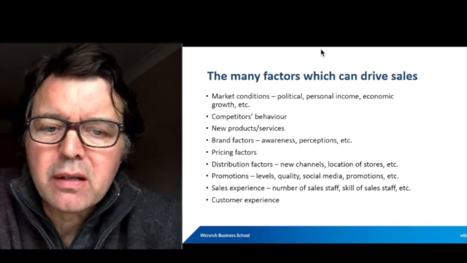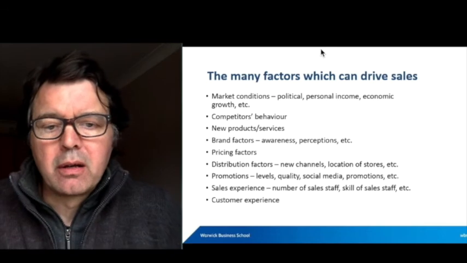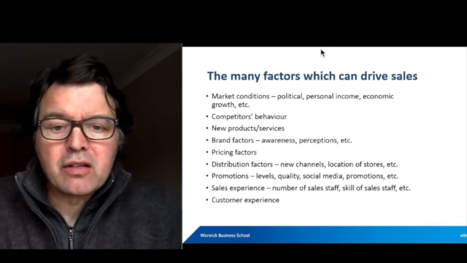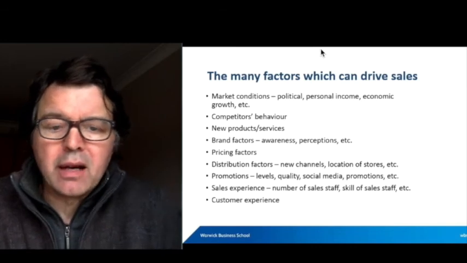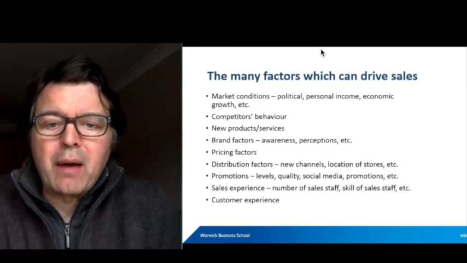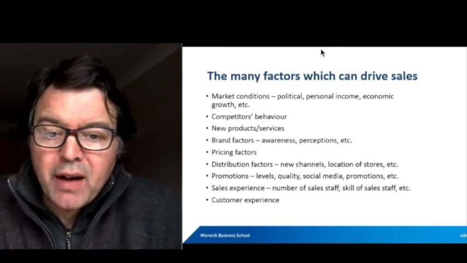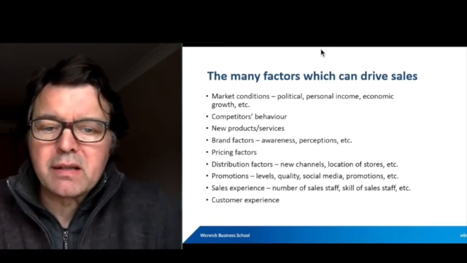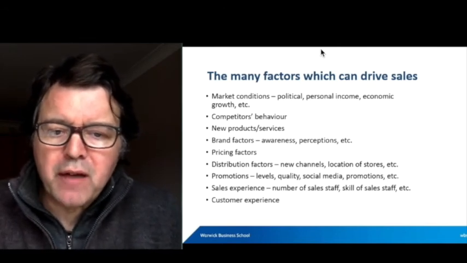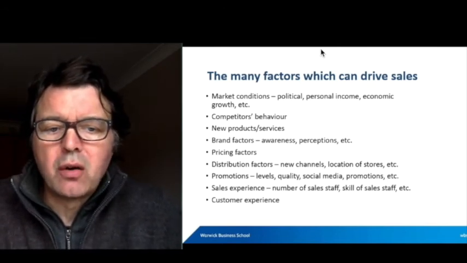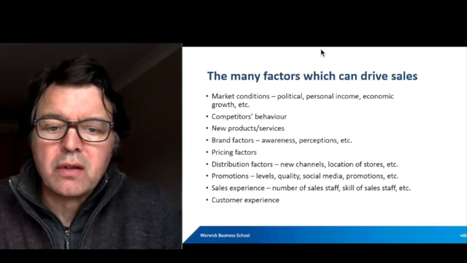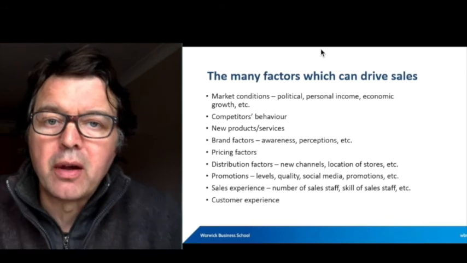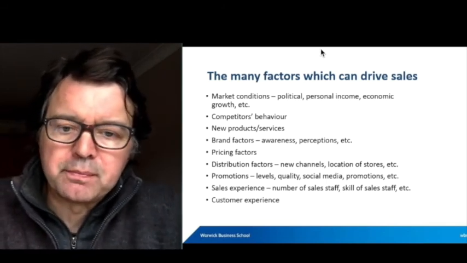Brand factors, so if our brand becomes more effective, awareness or perceptions of our brand increase or improve, that will affect sales. Pricing factors, so if we reduce our pricing, that would affect sales. Distribution factors, so new channels or new locations of stores or some improvement to the way that we distribute our product, that could affect our sales.